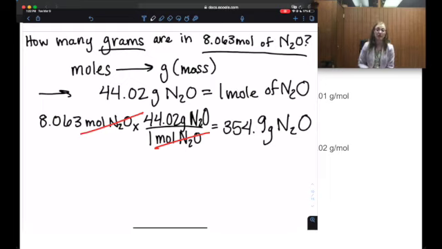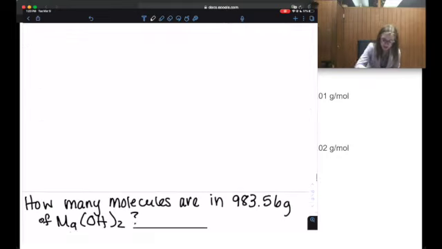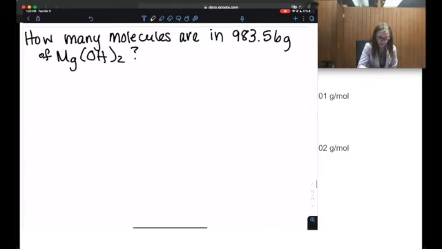However, number 3 and 4 are asking us to relate molecules in grams. Well, I don't have a relationship between molecules and grams specifically, so I'm likely going to need to use an intermediary, and in this case, it's going to be the mole. So let's go ahead and work through the next problem you see here on your screen.